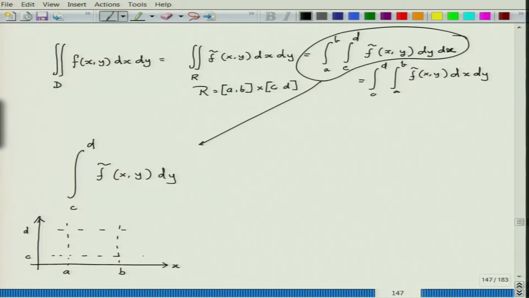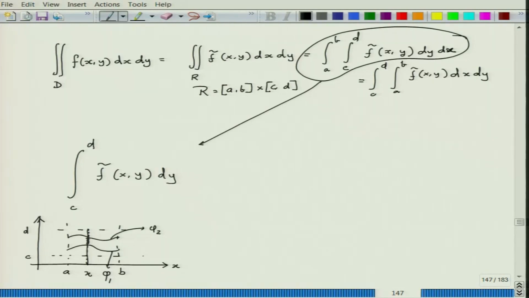Suppose this is my phi 1 x and this is my phi 2 x. I have taken a particular x. Now, I am trying to integrate the function on this as if it is a function of one variable. In this case, you know that f tilde will coincide with f(x,y) only in this part, the part which I am now marking.